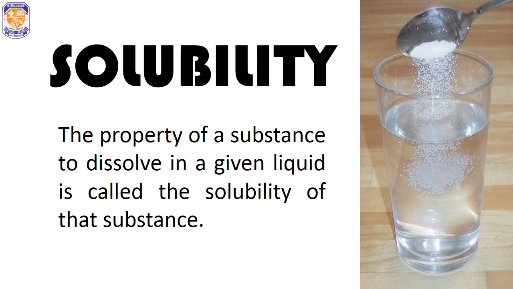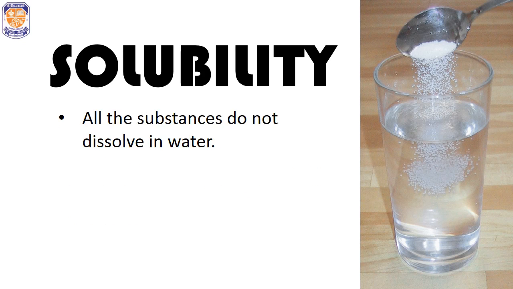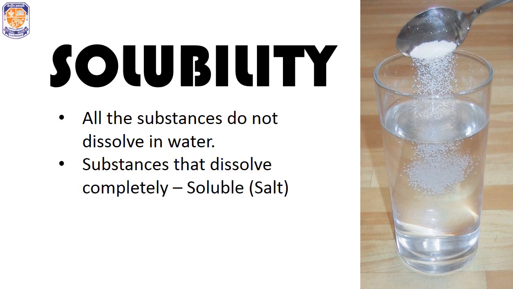Now what is solubility? Solubility is the property of a substance to dissolve in a given liquid. For example, salt can be dissolved in water completely, so it is soluble. All the substances do not dissolve in water.